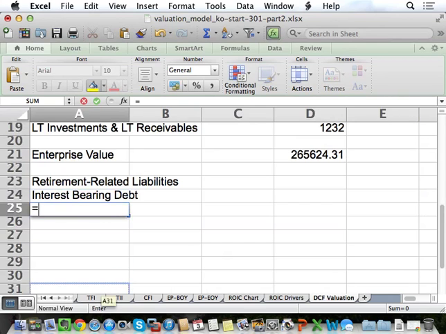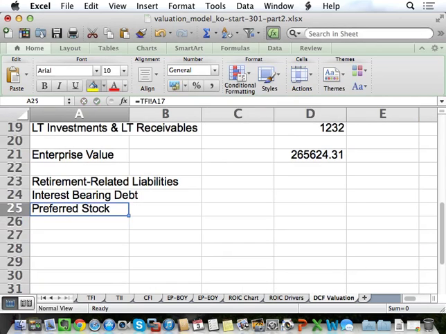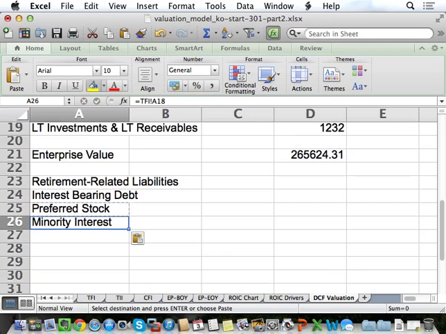Then I pay off the preferred stock and the minority interest. Notice I don't pay off the common shareholders because I'm trying to solve for what the common shareholder value is. That would be double counting, right? So basically I pay off the non-common claimants of those enterprise value cash flows. All of the debt equivalents and all of the non-common equity equivalents. Those are the 4 that are on the balance sheet.